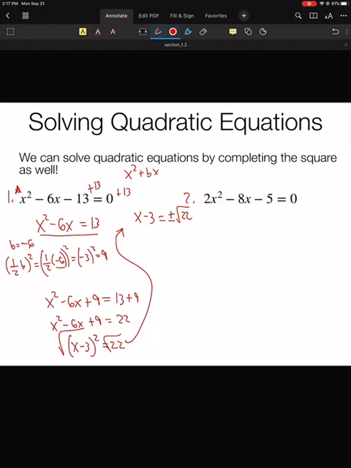If you can, then you definitely should, and if you can't, then you shouldn't, of course. We're going to keep it as square root of 22 for now, and move forward, and then we'll think about that at the end. So, to get x by itself, you need to add 3 to both sides. And so the answer is x equals 3 plus or minus the square root of 22.